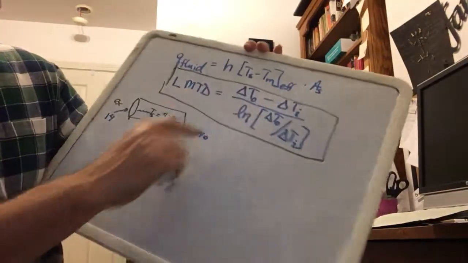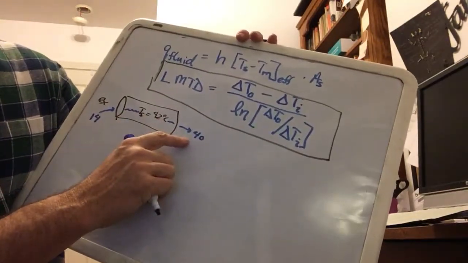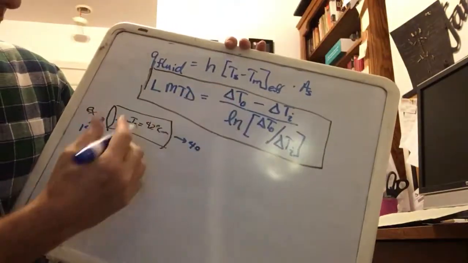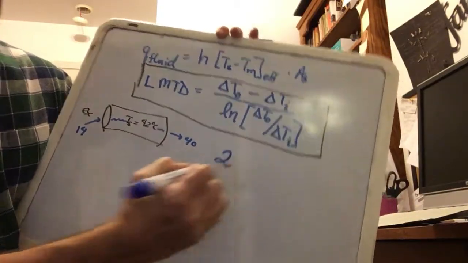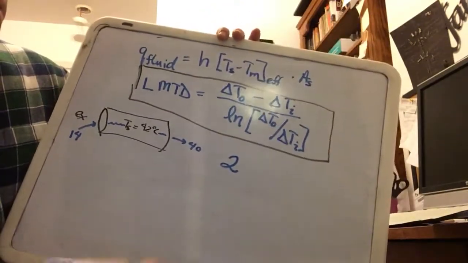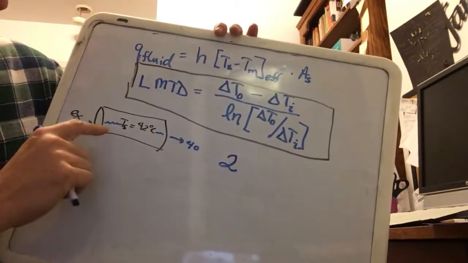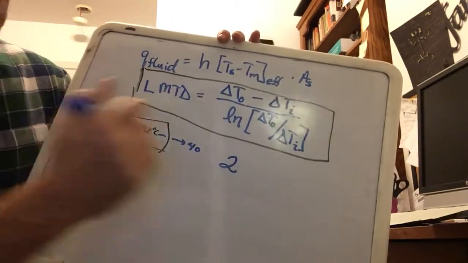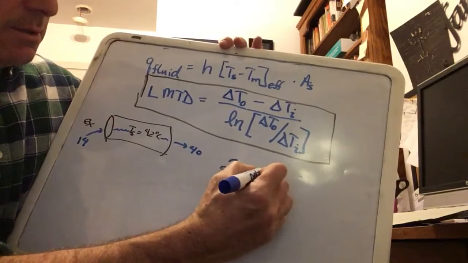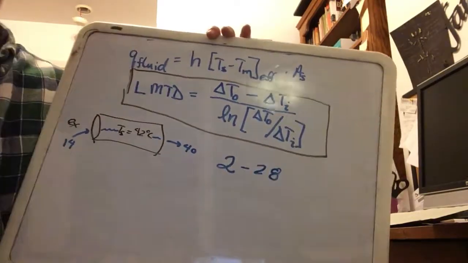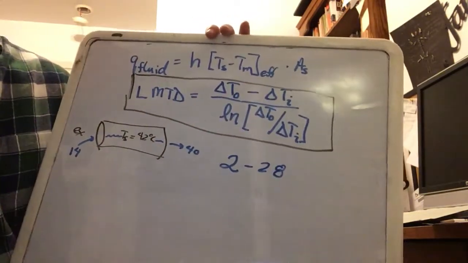So, delta TO, 42 minus 40, the temperature difference at the outlet, that's 2. Delta TI, the temperature difference at the inlet, 42 minus 14, that's 28. This is looking weird. It's looking like we're going to get a negative number.